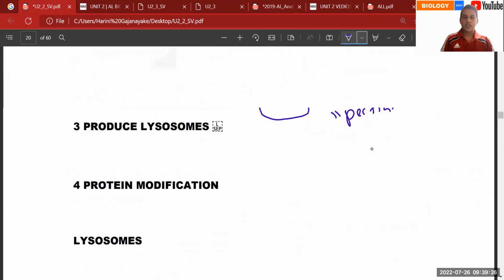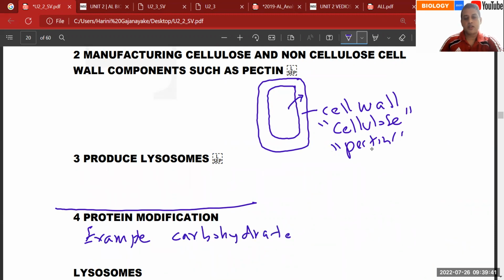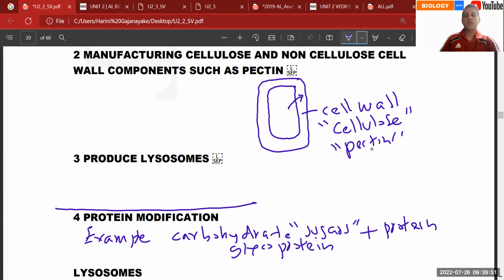Right, I just included the 4th function in case this is not in the resource book: protein modification. For example, carbohydrate, we just say sugars, plus proteins to make a glycoprotein. So this is called glycoproteins, right?